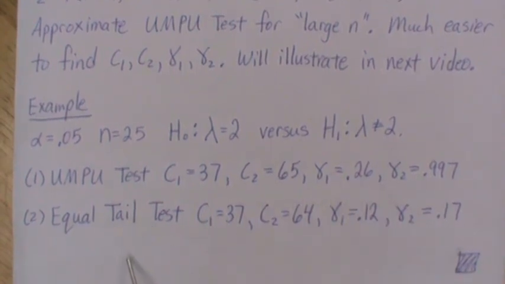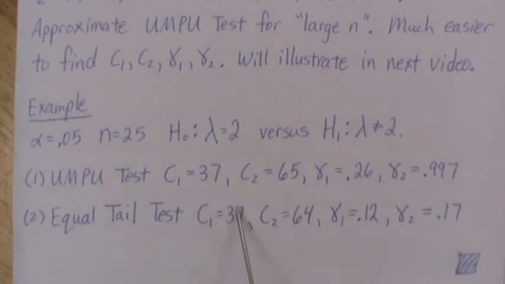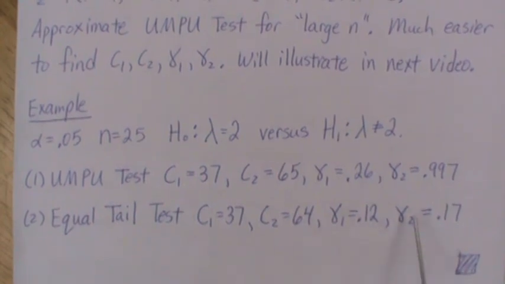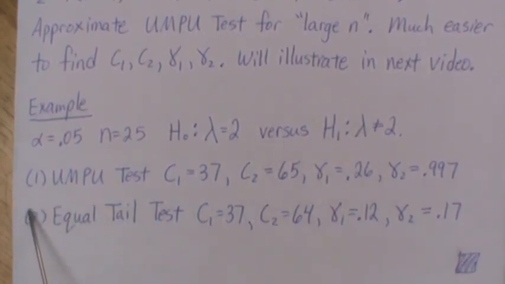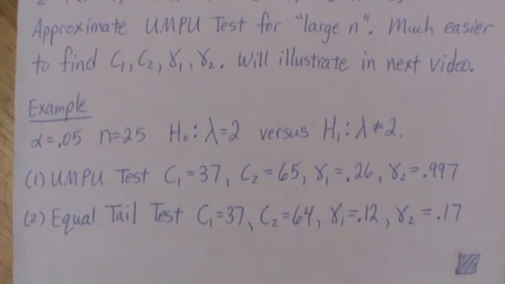Now the equal tails test has the same C1, but the C2 is different, and that generates different gamma 1 and gamma 2, and these are the tests. I would say this second condition is probably used so much more in practice, but now with computers I don't see why people don't use this first one more.